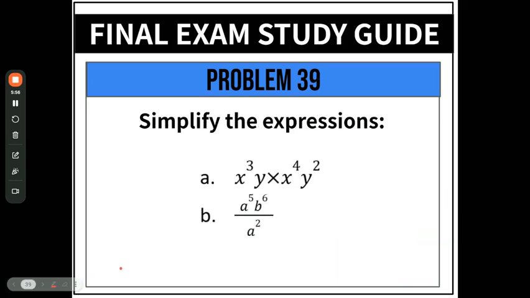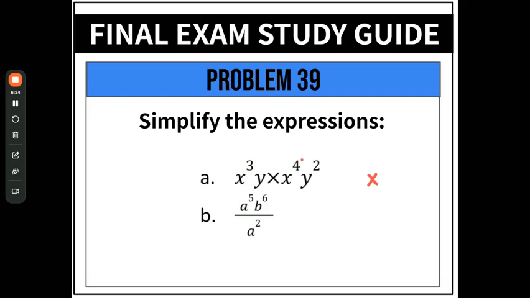Question 39. Simplify the expressions. Okay, so we're going to use the exponent rules that we were just mentioning previously. When bases are multiplied together and the bases are the same, we can add the exponents. So here, I've got this x and this x. Base stays the same. Exponents are added together.